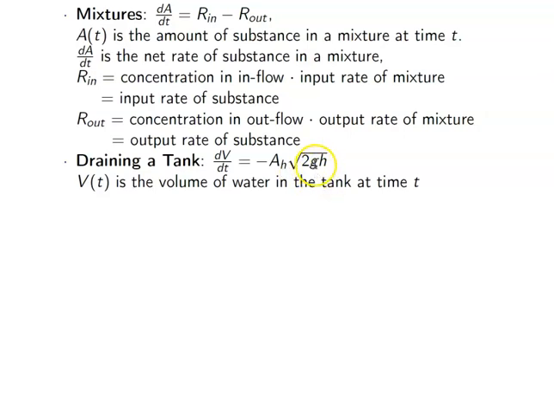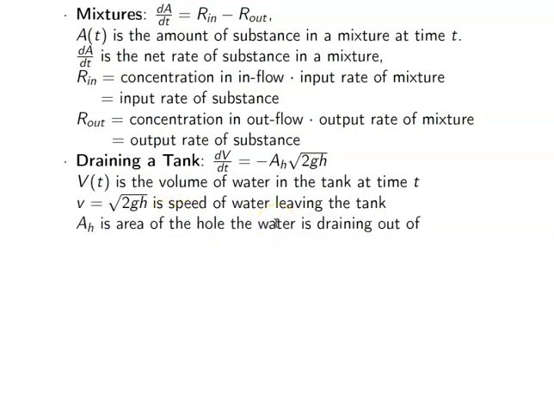This g here is the gravitational constant because the pressure due to gravity should be pushing the fluid out of your tank unless you have a pump connected. And this h here is the height of the water. Okay, so this root 2gh altogether is the speed of the water leaving the tank. So again, A sub h is the area of the hole the water is draining out of.